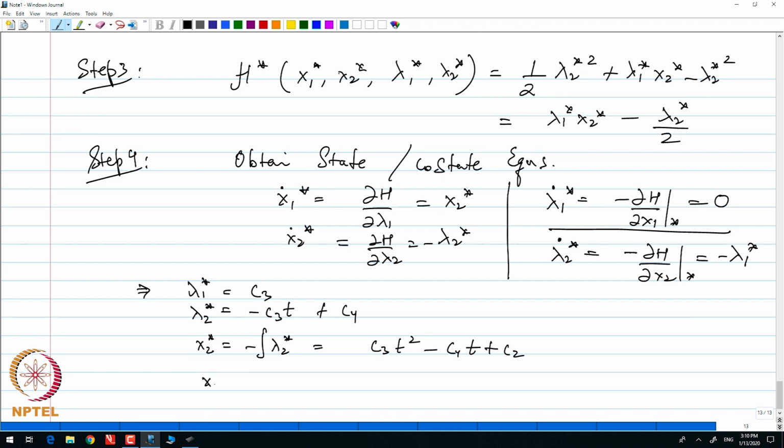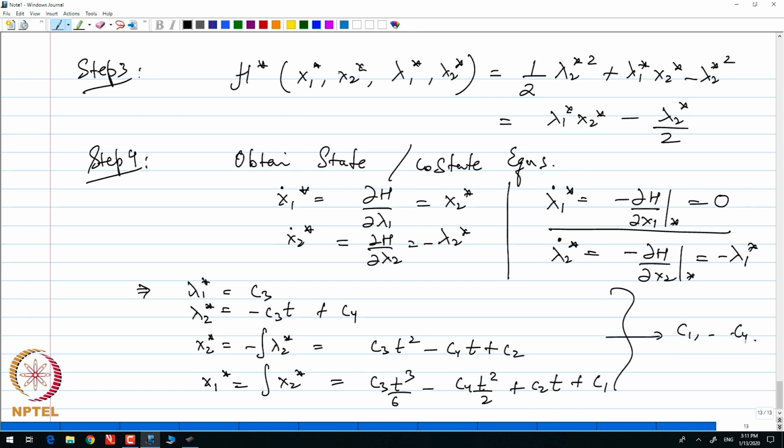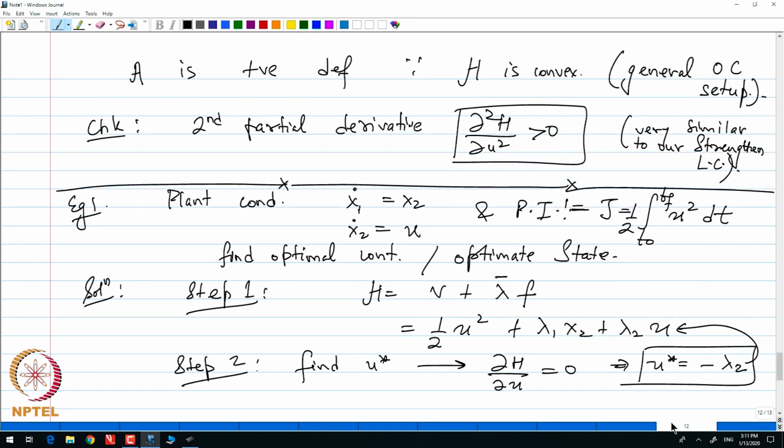And finally my x1 star is the integral of x2 star from equation number 1, and I see that this is C3 t cube by 6 minus C4 t square by 2 plus C2 t plus C1. Now I have a set of 4 unknowns, C1 to C4, and we also have to see whether we have 4 equations to solve for 4 unknowns. Notice that in this problem we are given the following.